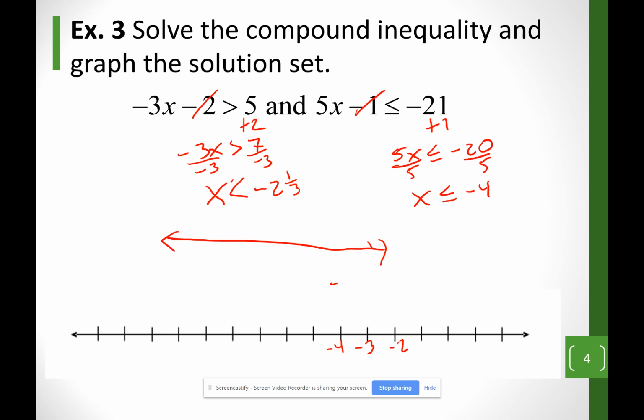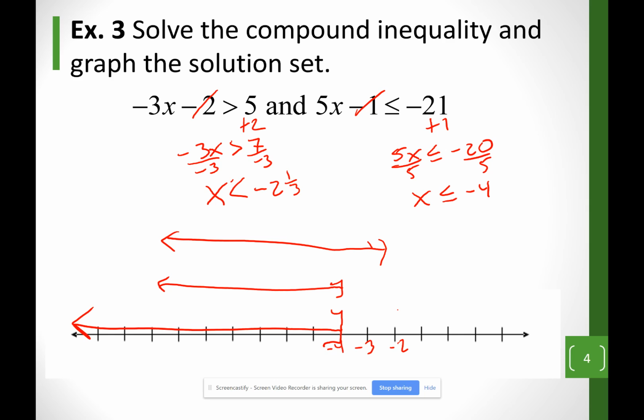Negative 4 is a bracket, and this one also goes to the left. So I'm asking, what is in both graphs? I have a negative 4, a bracket, and it goes to the left. That's my graph.